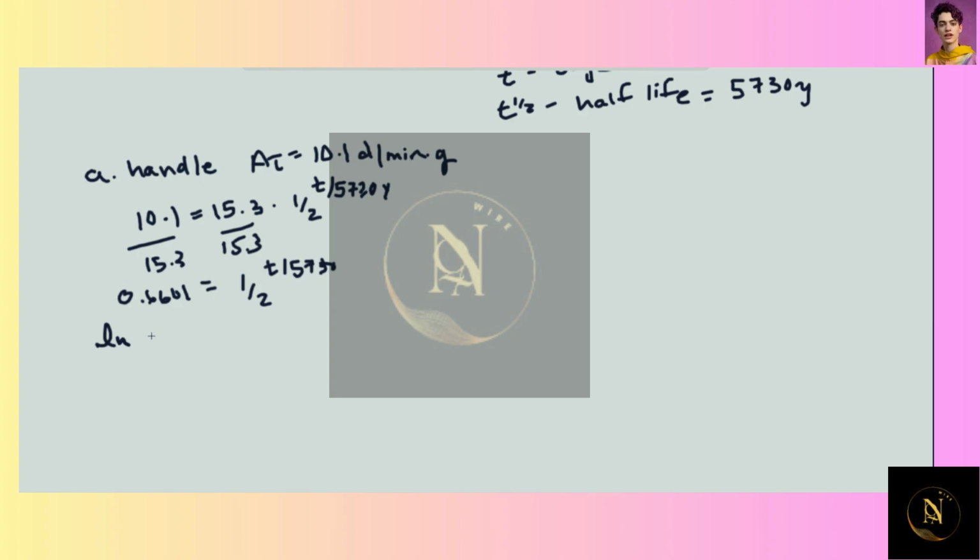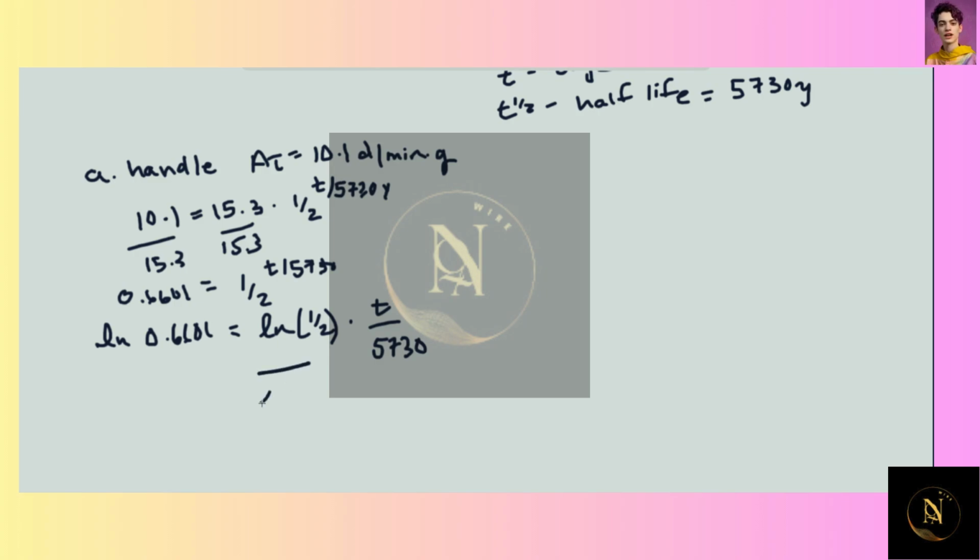So the natural log of 0.6601 equals the natural log of 1/2 times T over 5,730.